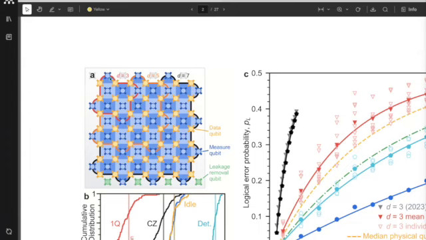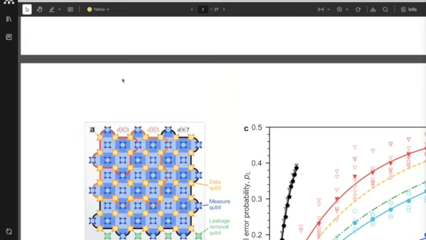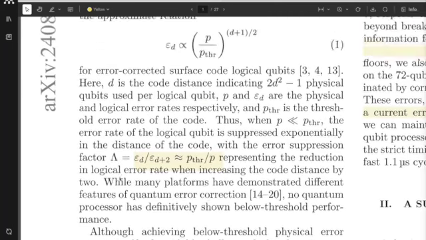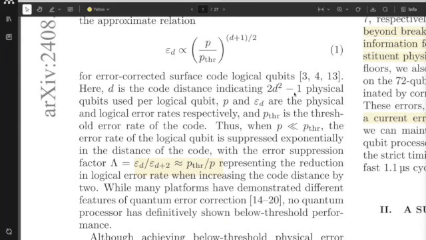So here they considered D3, D5 and D7, which are represented by a red boundary, an orange boundary, and the black boundary here. In D3, as they also introduced, if you want to make an error code which is able to correct errors, then you need 2d squared minus one number of qubits.